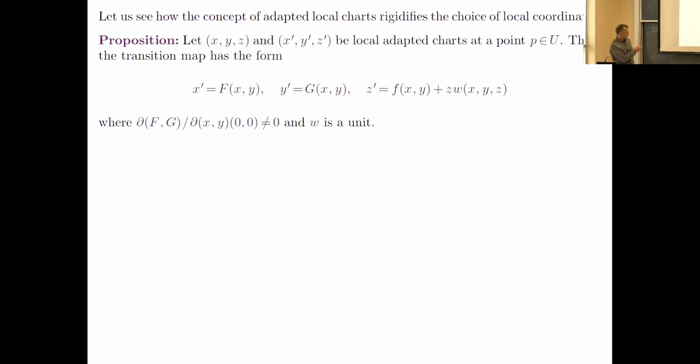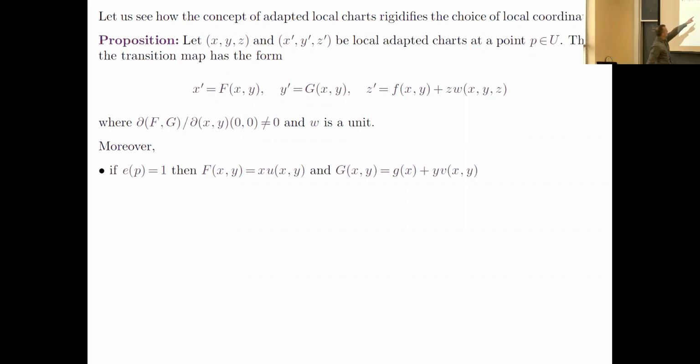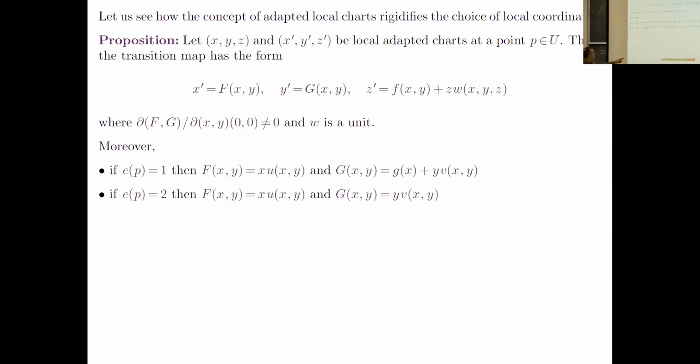But when you have a point which is on the divisor, you have even more rigidity. If there is one component of the divisor through this point, then you have this x which factors out on the first map, and if you have two components, then f should be divisible by x and g should be divisible by y.